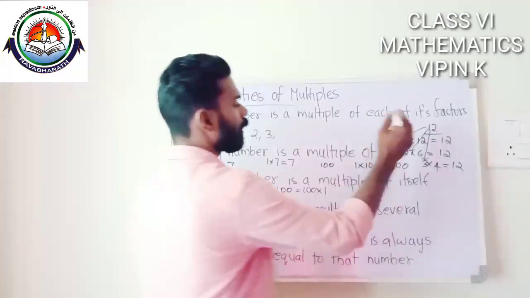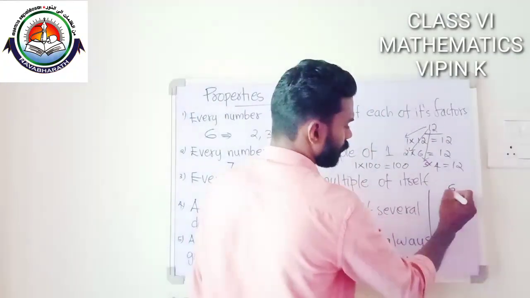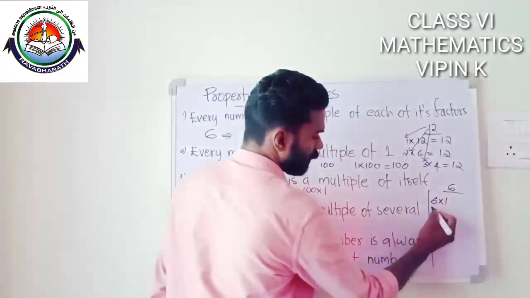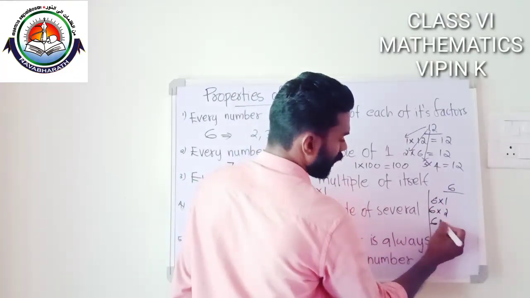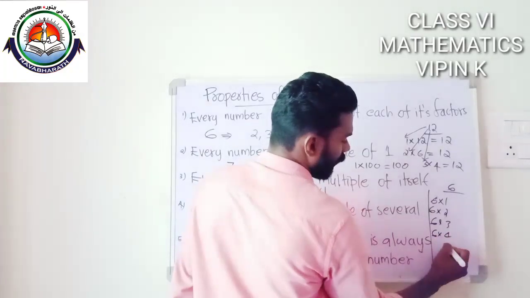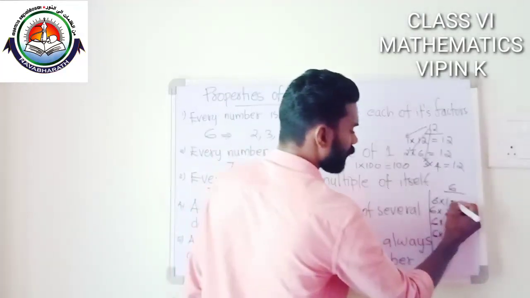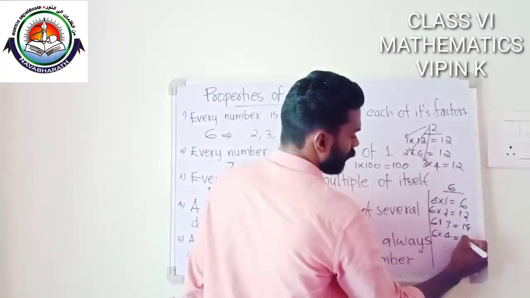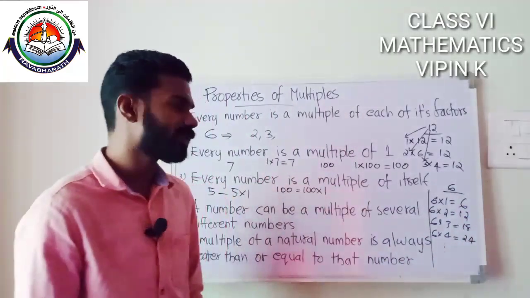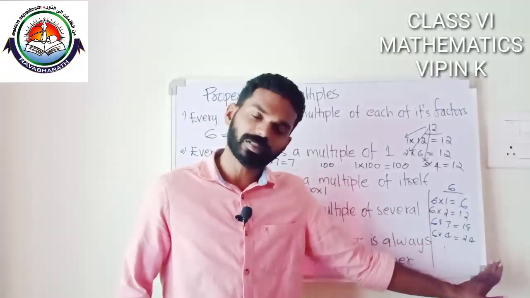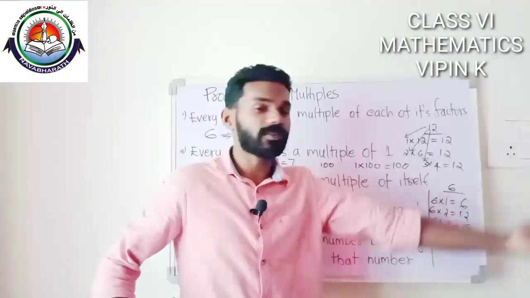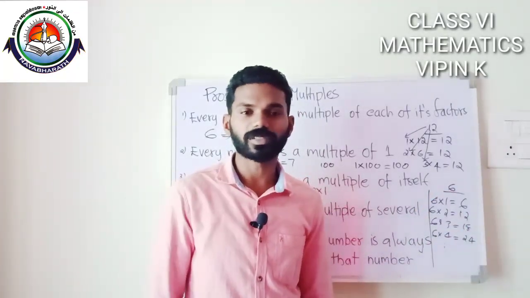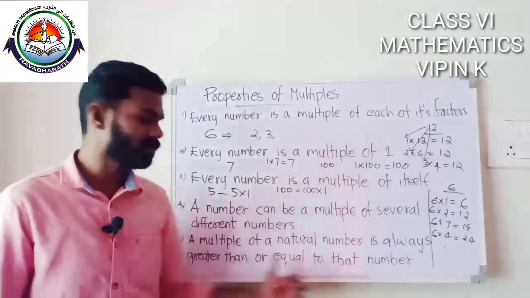If you want to find the multiples of 6, how can you find them? We multiply 6 by 1, 6 by 2, 6 by 3, 6 by 4, etc. We would get different multiples: 6, 12, 18, 24, etc. You can see that all these multiples of 6 are either greater than 6 or at least equal to 6. This is the last property.